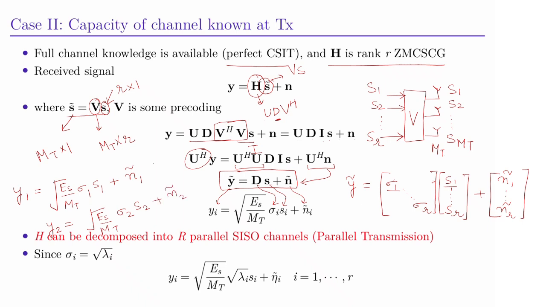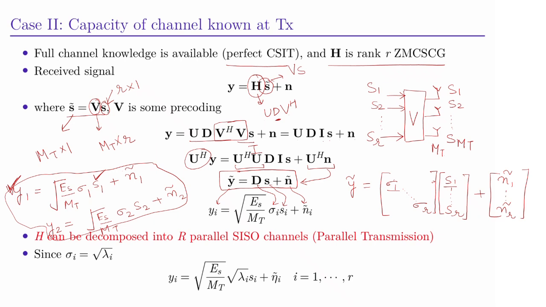Because of the pre-processing that we have applied, V, what we are looking at here is that we are not going to get any other term, S2 or else. For example, if we are receiving Y1, we will only receive S1. We do not have any influence of S2 or so on.